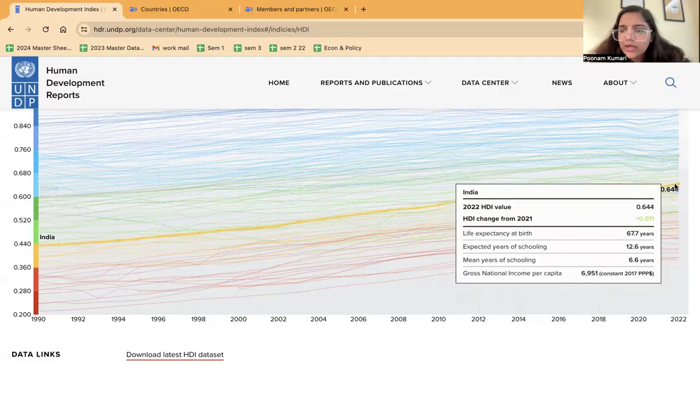Yeah, so now what is happening? 2022. So from 1990s number, 58 years, we have kind of increased it by 10 years. Yes, ma'am. है ना? Expected years of schooling has been 12.6 years. Mean years of schooling has gone up to 6.6 years.